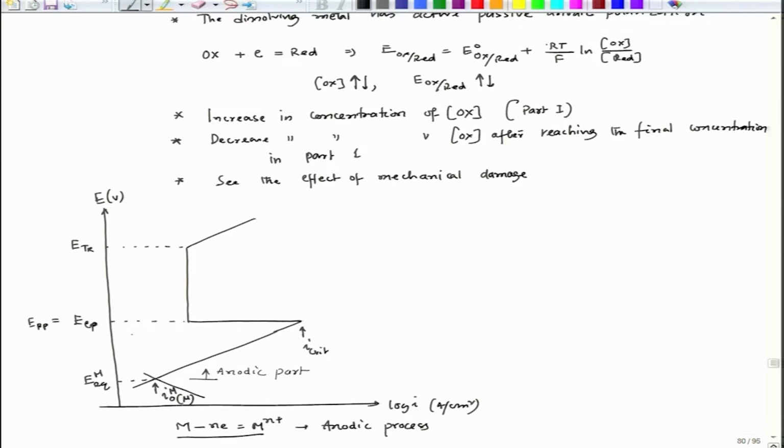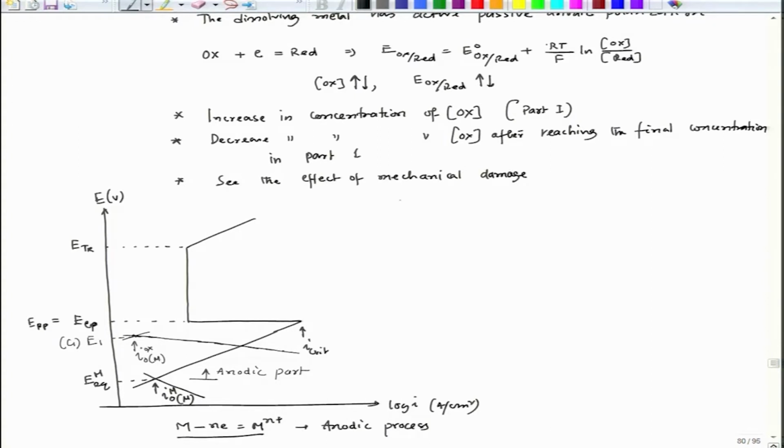So, this is the polarization part, this is E1 corresponding to concentration C1 of the oxidant, and this is I0 of ox over metal surface.